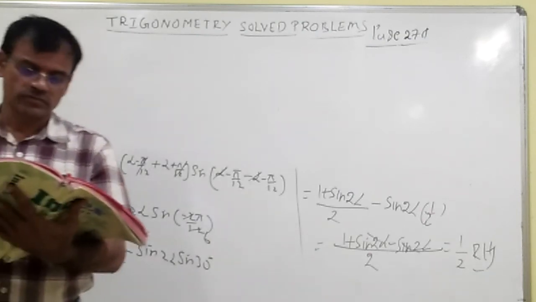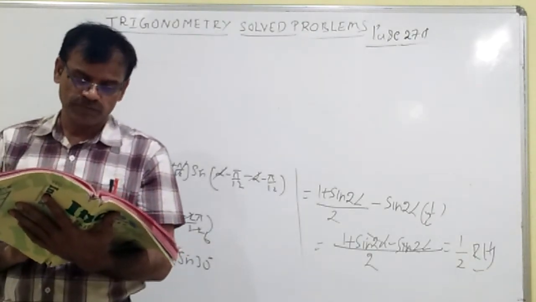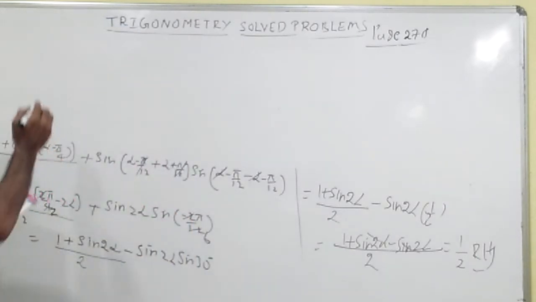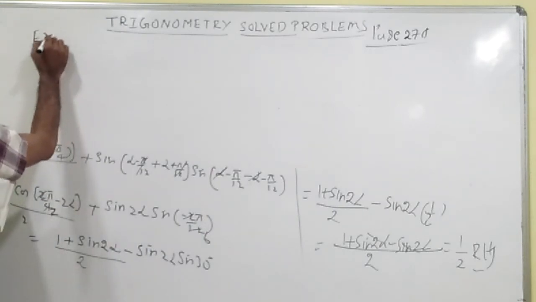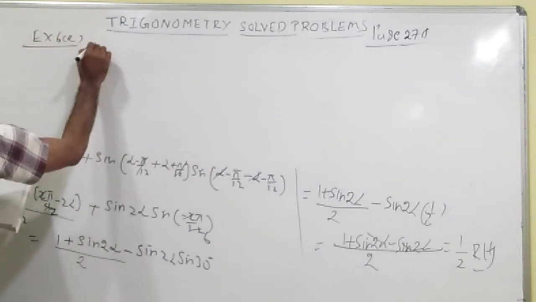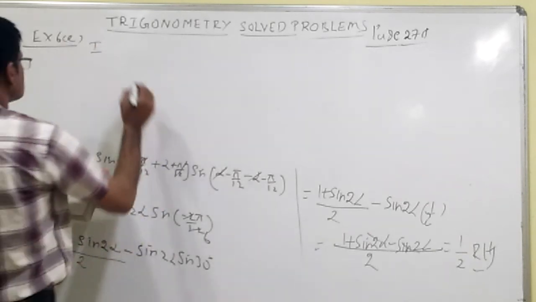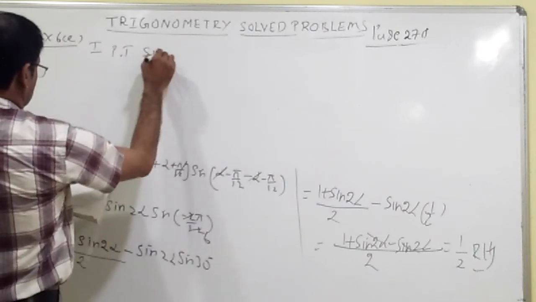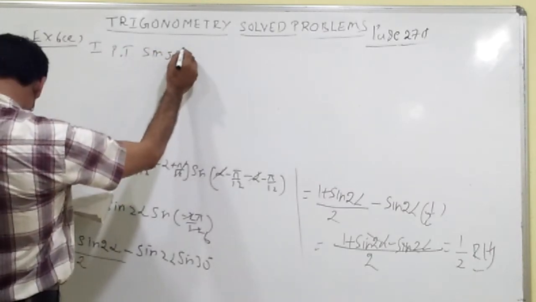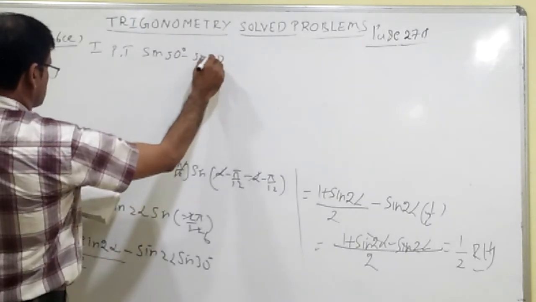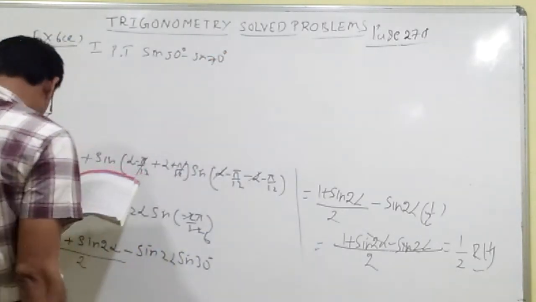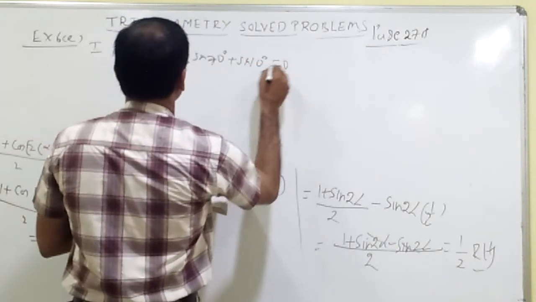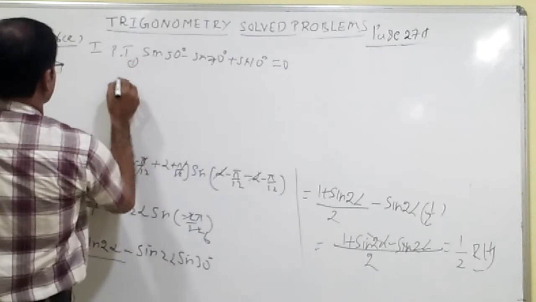Students, today I am going to give homework to you. First Roman, 6 sums are there. Try yourself. I am giving homework to you. Exercise 6E. I am writing the questions for those who do not have textbooks. Prove that sin 50 degrees minus sin 70 degrees plus sin 10 degrees is equal to 0.